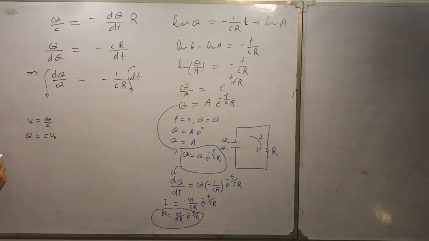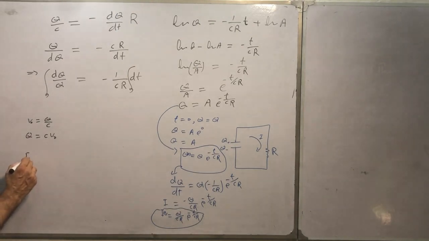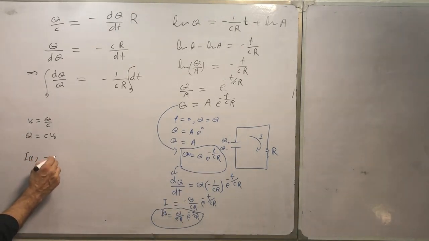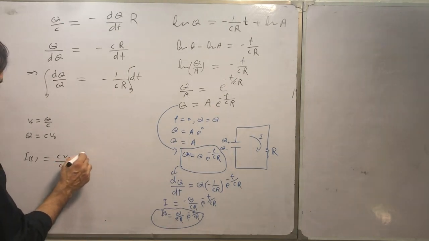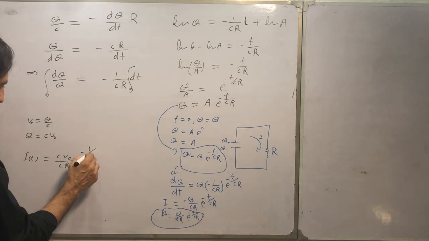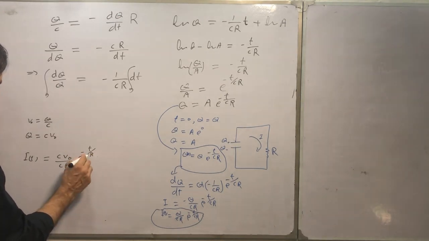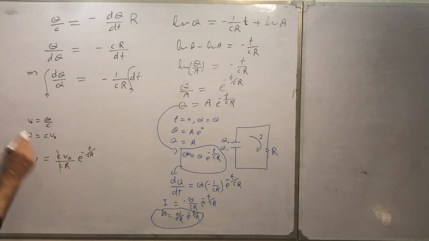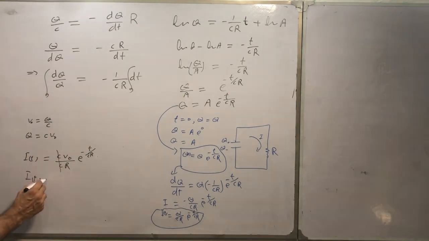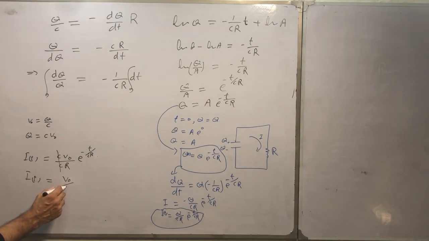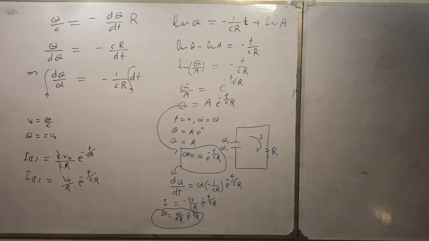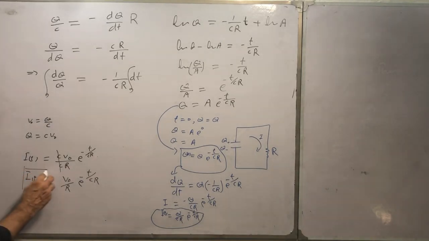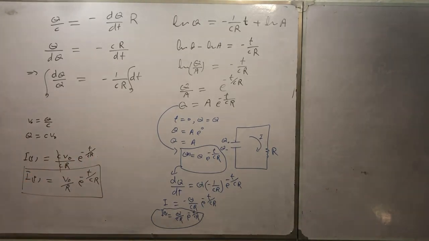If we put it here, then the current I of t is equal to c V naught divided by cr times e to the power minus t divided by RC. The c and r remain the same, and I of t is equal to V naught divided by R times e to the power minus t divided by CR. And this is the current, which is a function of time t.